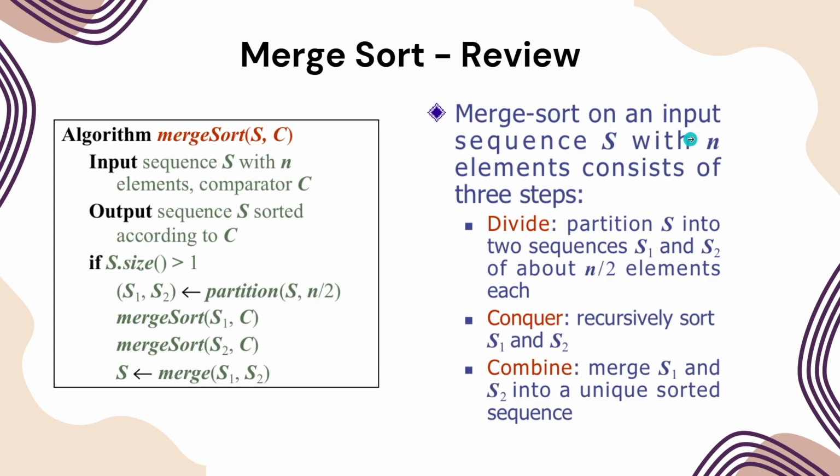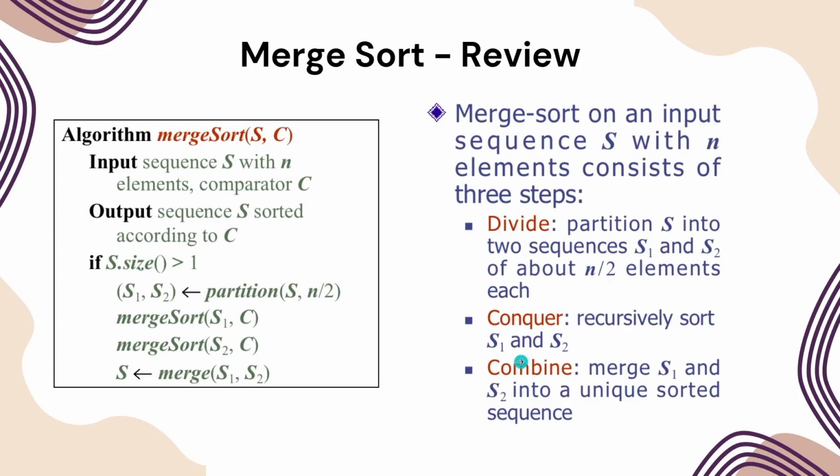For this sorting algorithm, we have an input sequence S containing n elements, and we are going to adopt the three steps that are part of the divide and conquer approach. First, we divide that sequence into subsets, and we conquer, which means we recursively sort each of the sub-problems or subsets, S1, S2 up to Sn, and finally we merge the results.